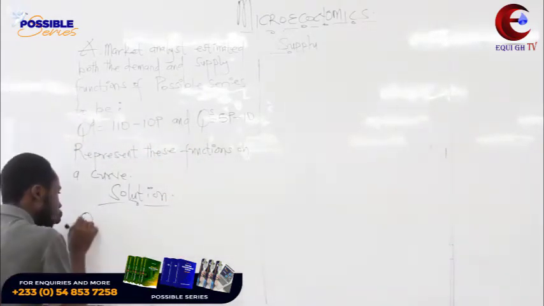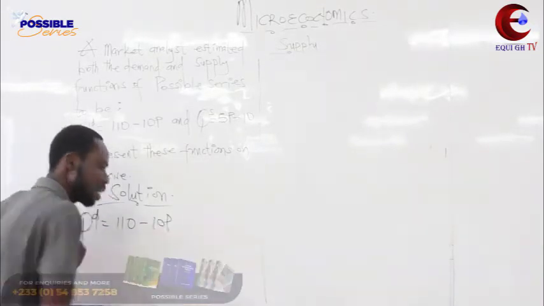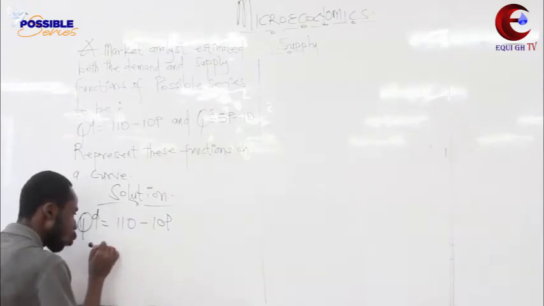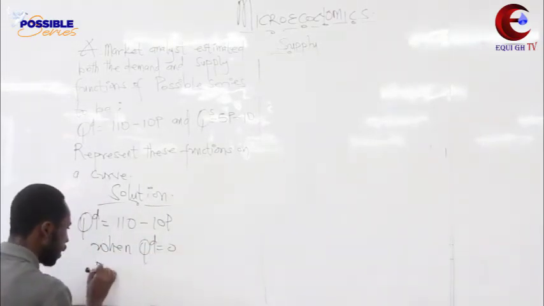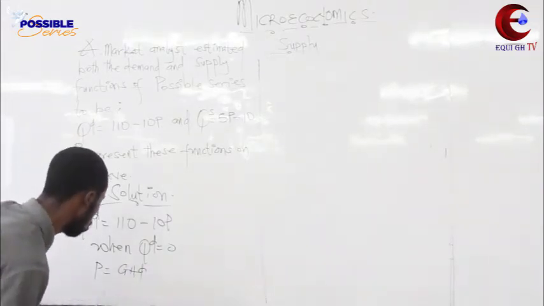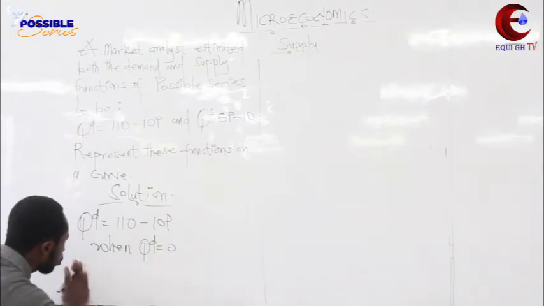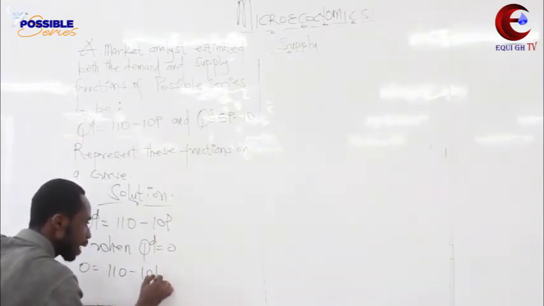So we are going to get quantity demanded equal to 110 minus 10p. When QD is equal to 0, we are going to get 0 equal to 110 minus 10p.